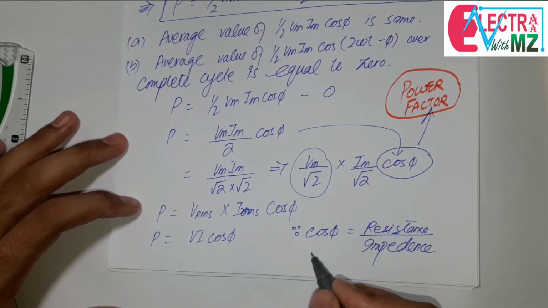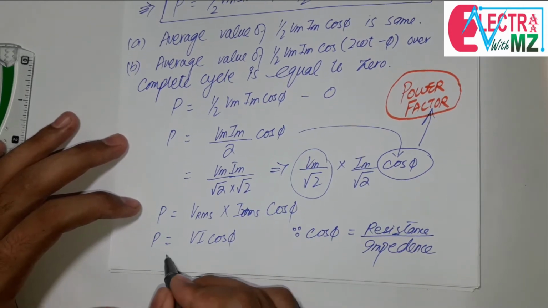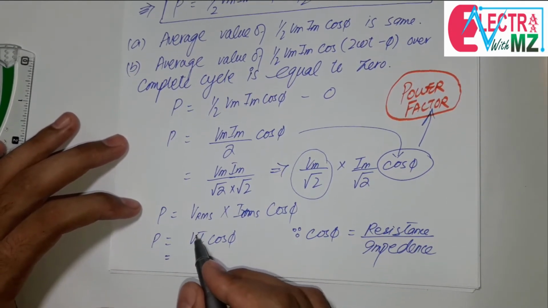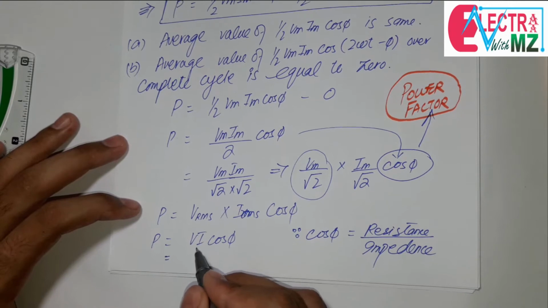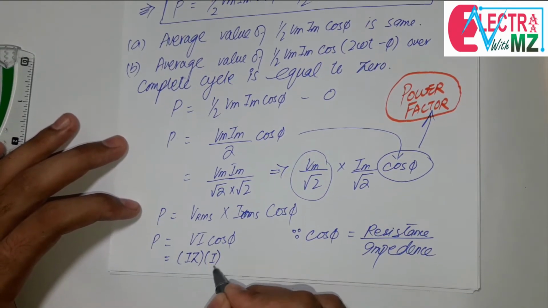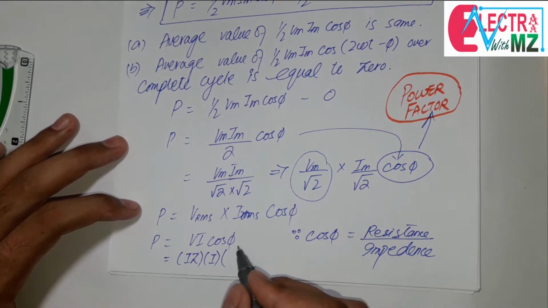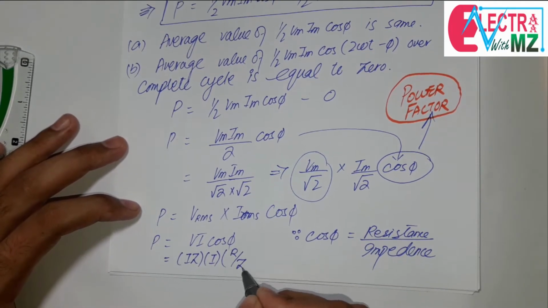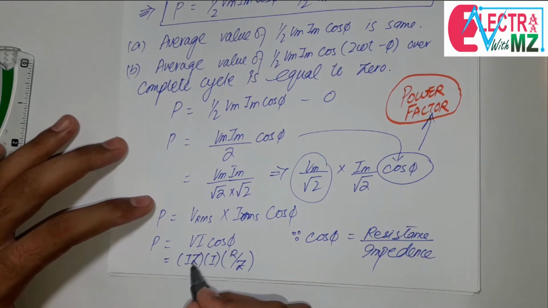And V is equal to I Z, and cos phi is equal to R over Z, so Z cancels out.